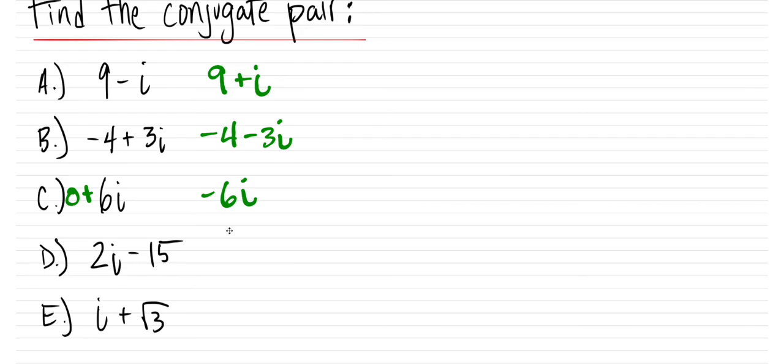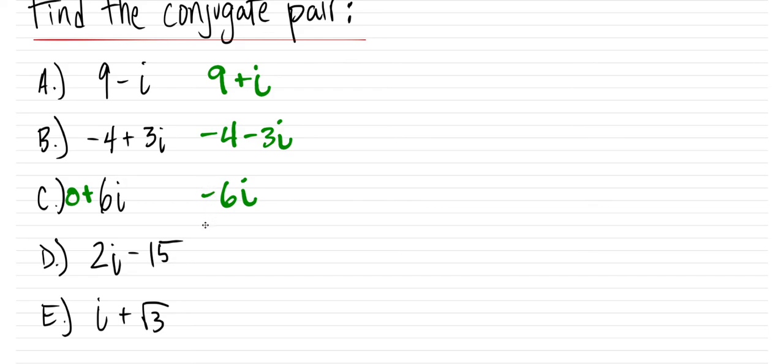You have somebody you want to call on? Would it be 2i plus 15? No, but I understand why you're saying that. So up above, which one did we change? The second one. True.